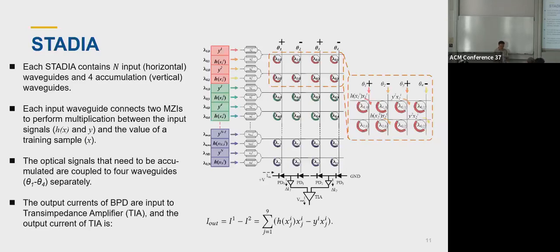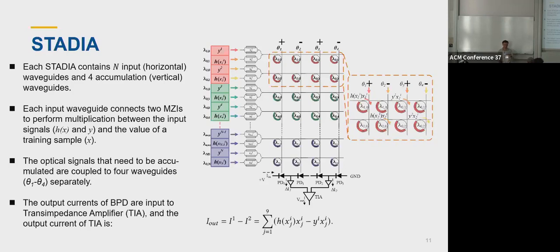So based on this equation, we design optical stochastic gradient descent using MR and MZI. We call it STADIUM. And the data are uploaded into optical by two ways and presented by the optical power.